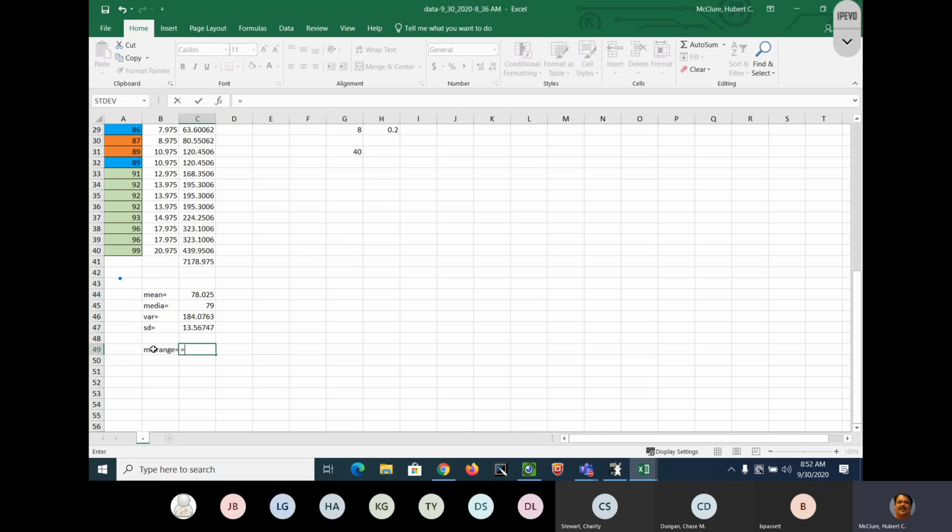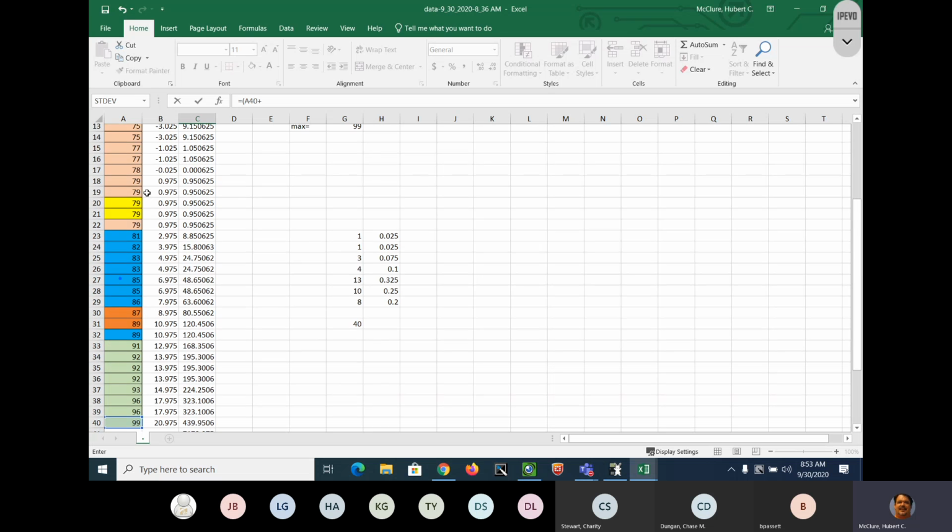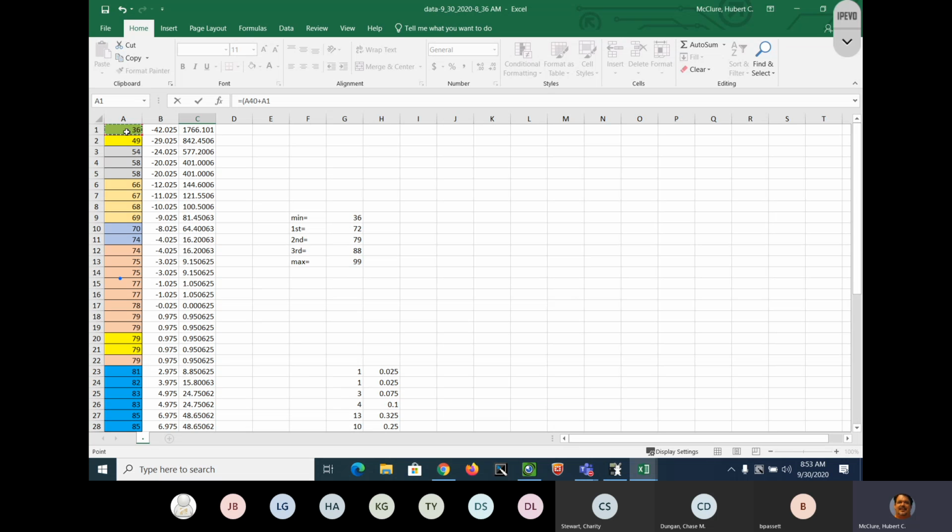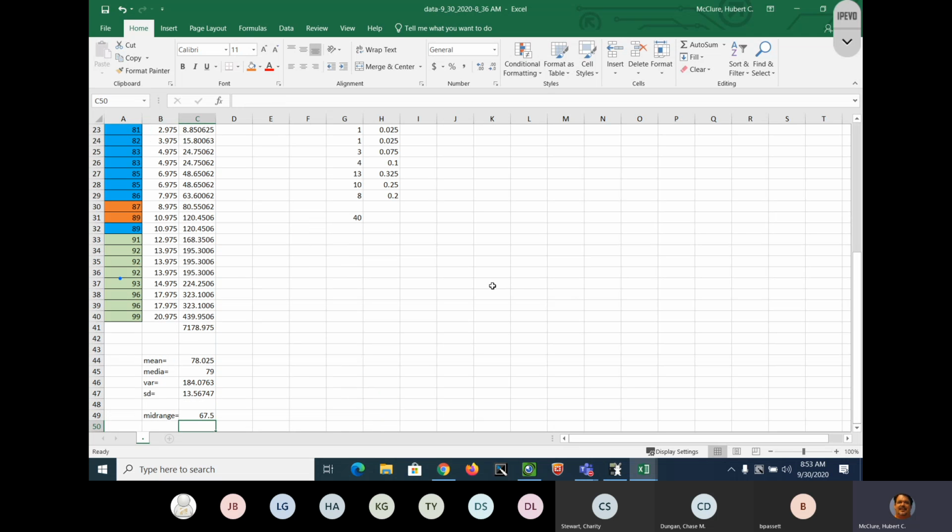So equals the highest plus the lowest, divided by 2. Okay, so there's our numbers.